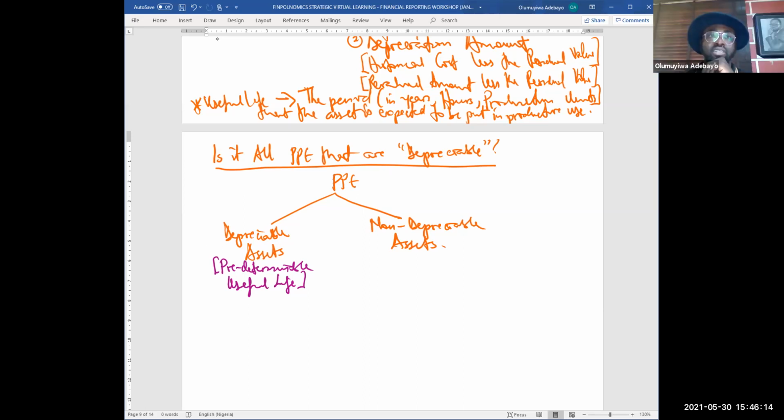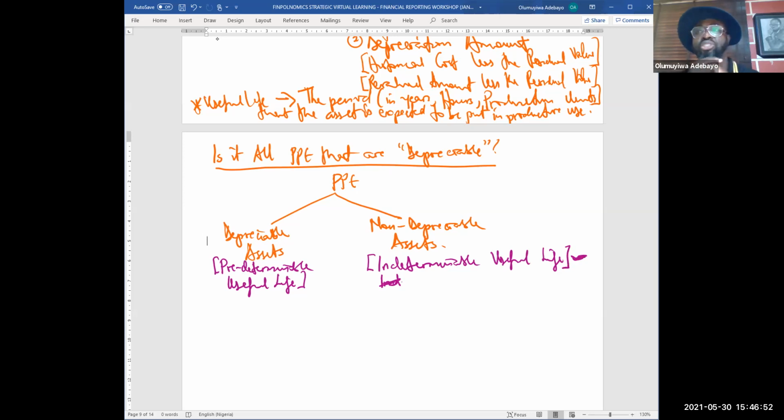Whereas non-depreciable assets are assets that have indeterminable useful life. I won't use the word infinite, and I won't use the word indefinite. Let me just stop here and I will explain.